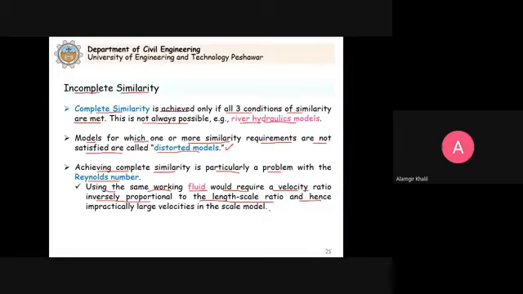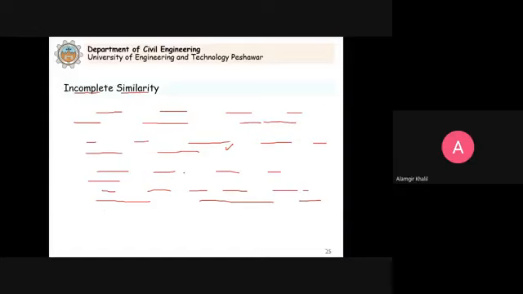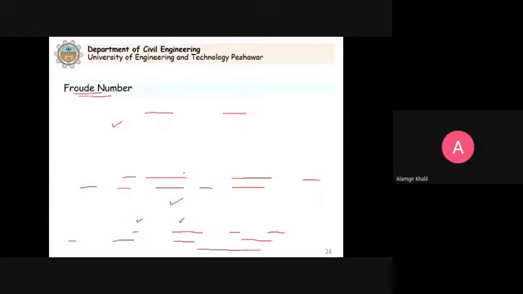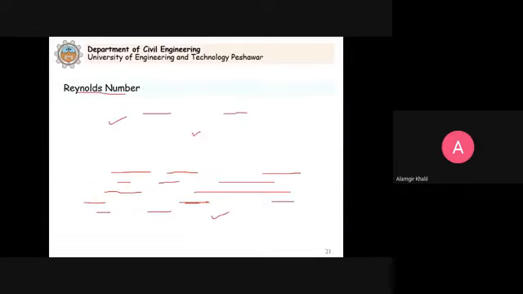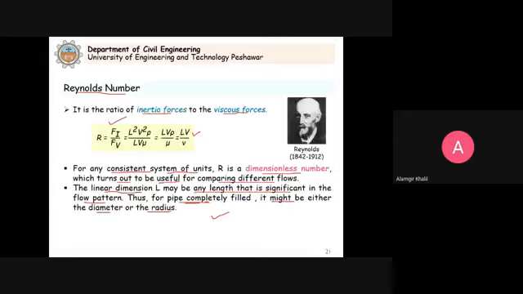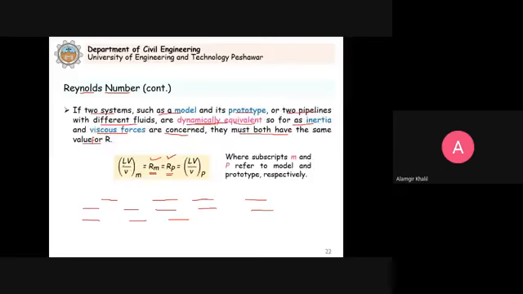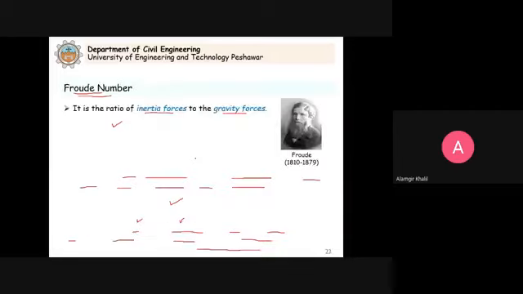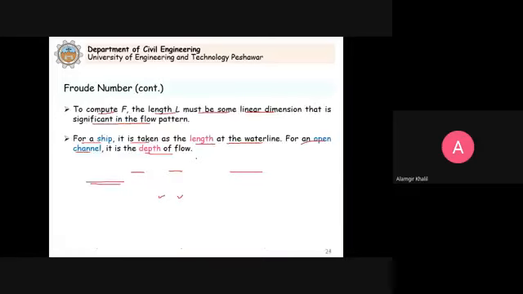In the case of the Reynolds number, if you compare the ratios, they are inversely related. Clear? They are inversely related. I will show you in the problem also. Example.